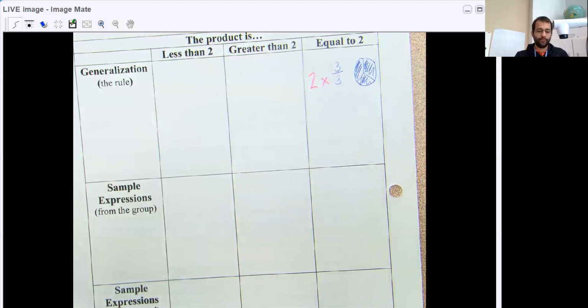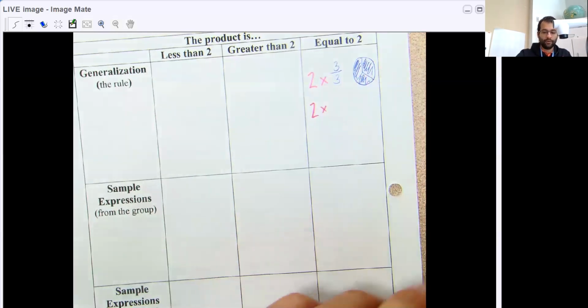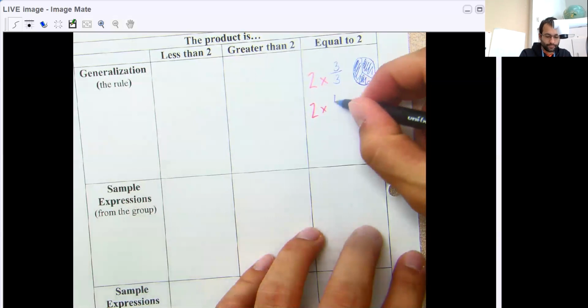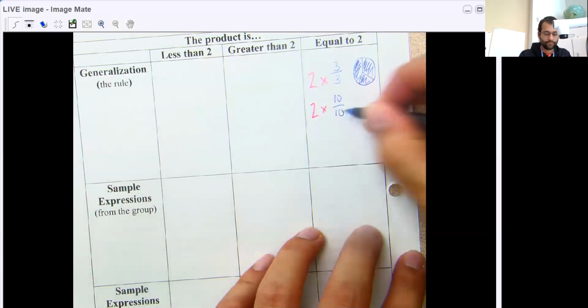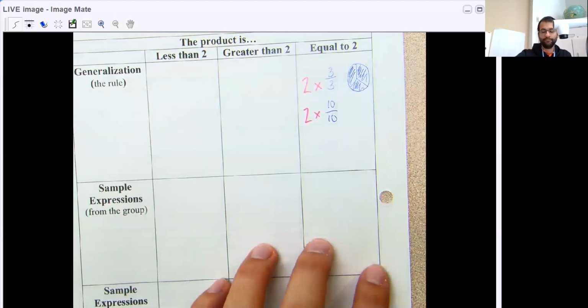Let's try another example. What about 10 over 10? Well, if I split something into 10 pieces and shade all 10, that's the same thing, equal to 1 whole, right? It doesn't matter how big the number is, as long as the number is the same on top and on bottom, it is always going to be equal to 1. I can do the same thing.